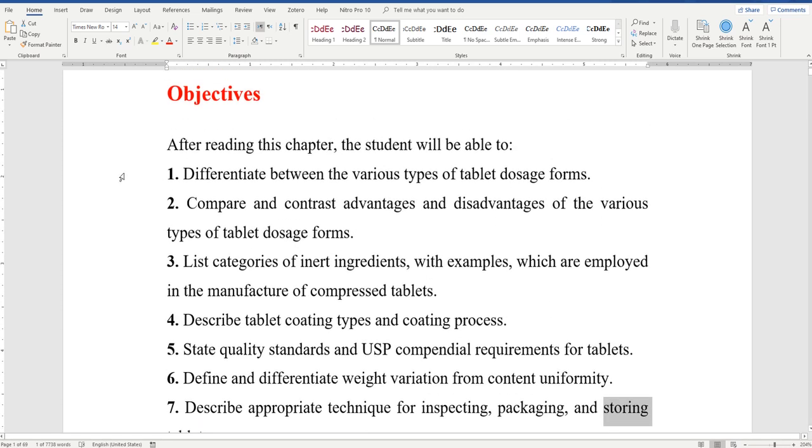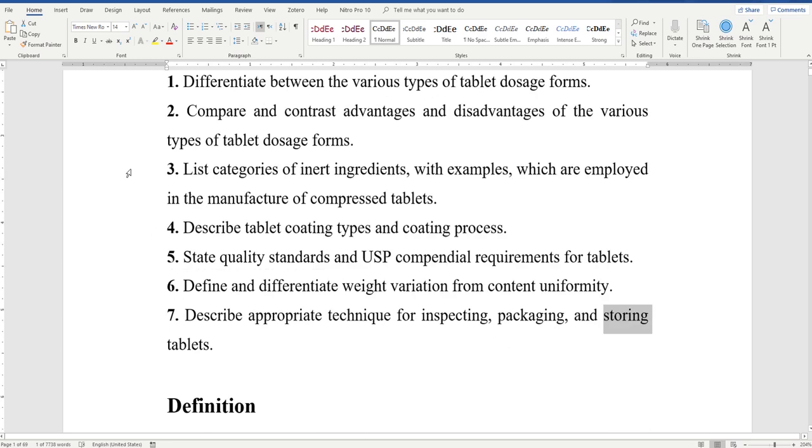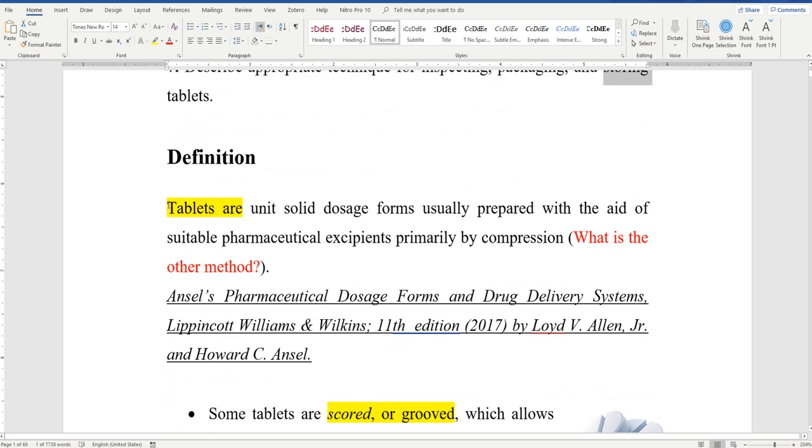So we always talk about the learning outcomes of any topic, and then we start with the definition. Tablets are a solid dosage form, as is the case with capsules, powders and granules. But as with capsules, we start by defining tablets as a unit solid dosage form.